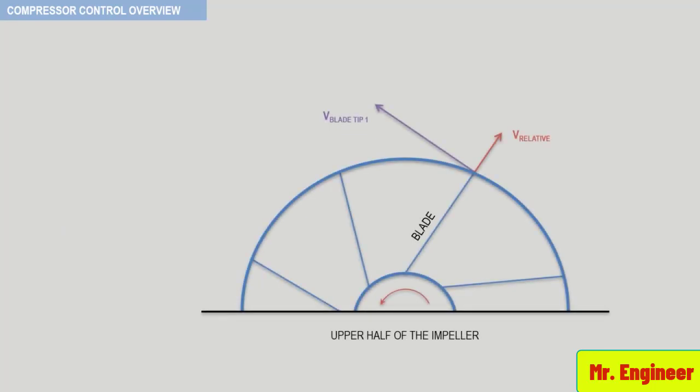This figure shows the schematic of an upper half impeller with the side plate removed, the tip speed, which is a function of impeller diameter and compressor speed, and here the gas relative velocity to the blade. The gas exit velocity is the resultant of these two vectors as depicted here.